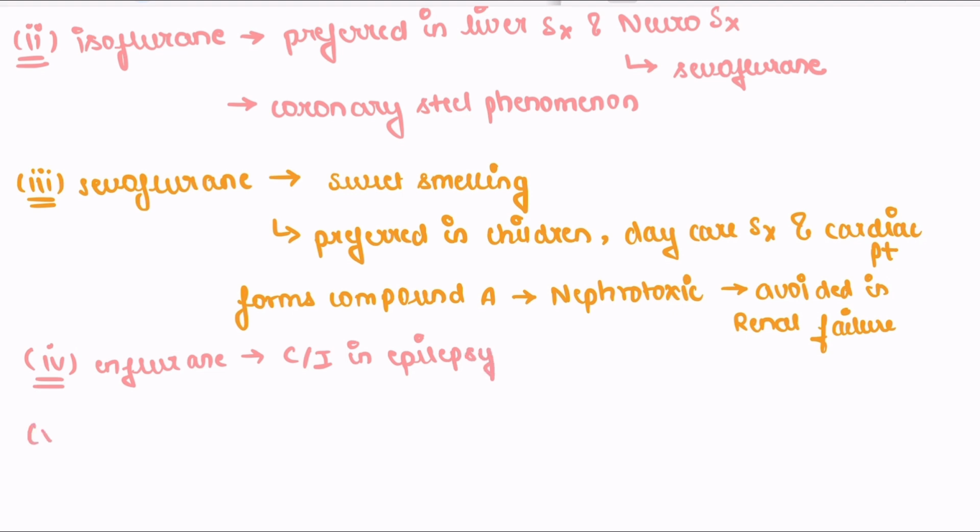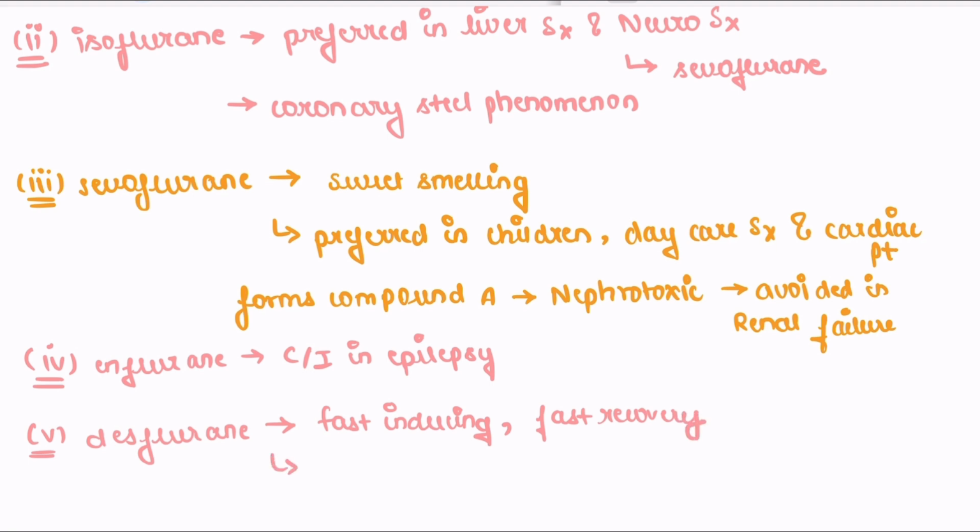The next drug is desflurane. Desflurane is a fast inducing drug, therefore it leads to fast recovery. It has the lowest blood gas partition coefficient.